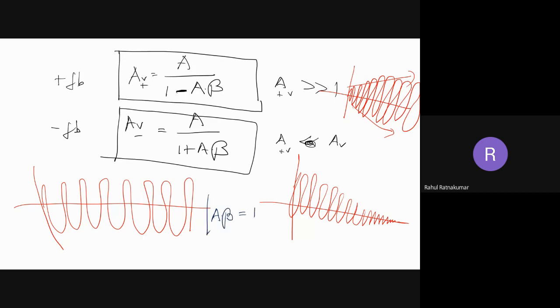The magnitude of A beta, this denominator, should be equal to 1. And the phase difference of the signal I'm giving back to my input should be 0 degrees. No phase difference should be given, so that I'll get a sustained oscillation. So this is the principle of an oscillator.